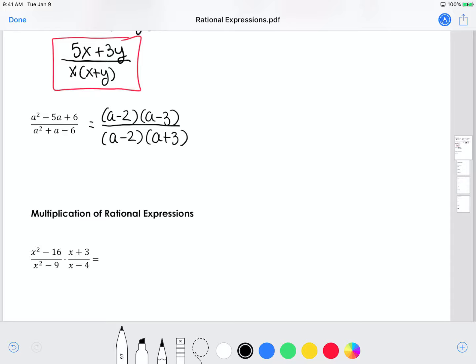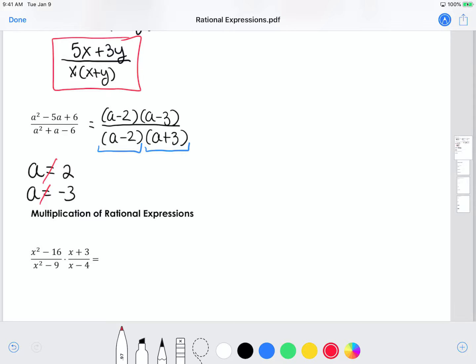Now that we have this factored, I can see that if I plug in a is 2, or a is -3, that's going to cause me to have 0 in the denominator. So I want to say that my restrictions are that a cannot equal 2 and a cannot equal -3. Otherwise, this expression would be undefined.